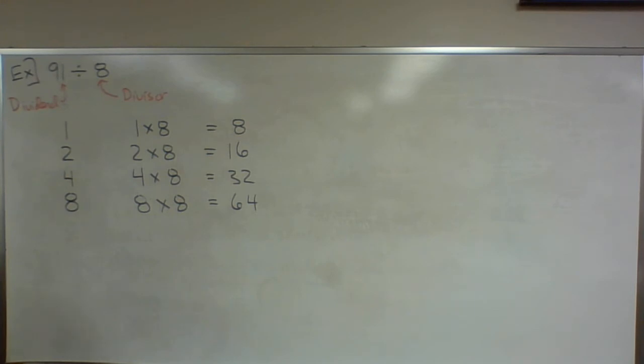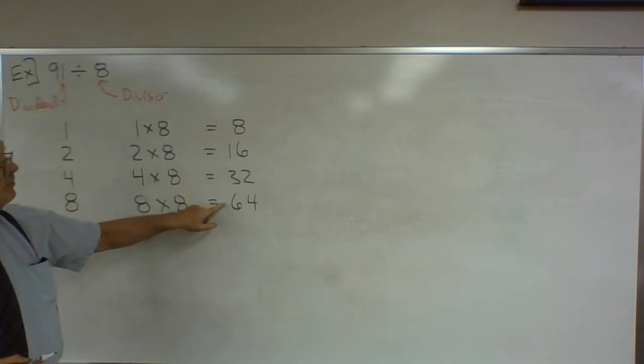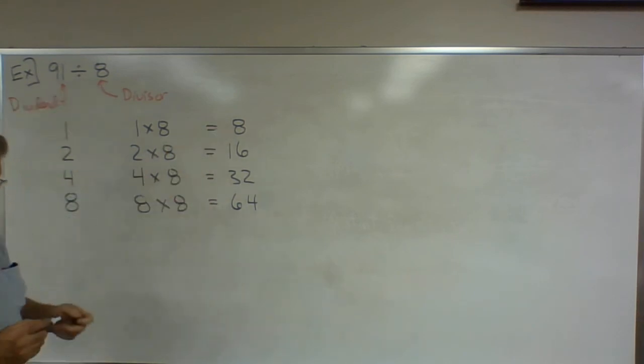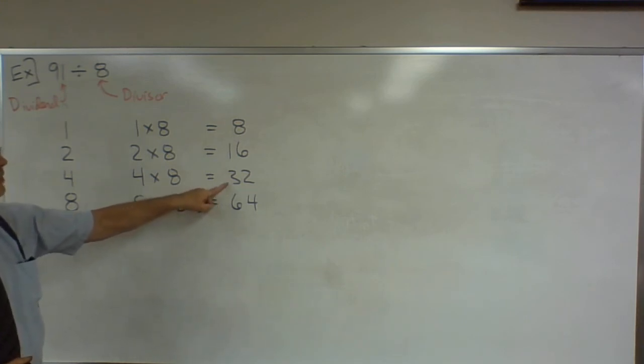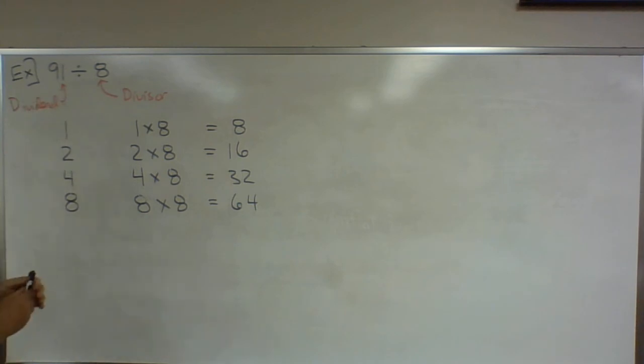Now, hopefully, we can get our dividend to 91 by adding up some or all of these things. Let's see. 64 plus 32 is 96. No, too big.